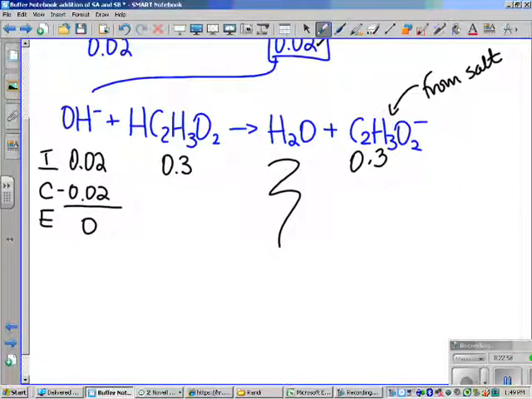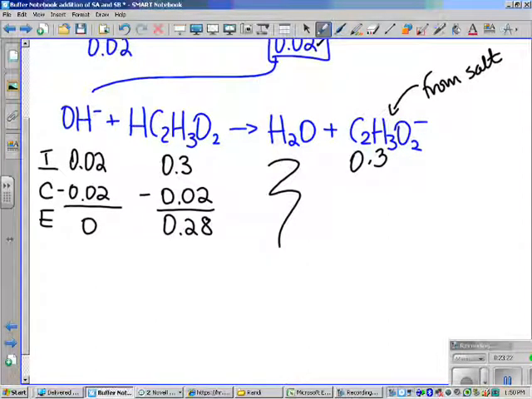And the ratio between these two reactants is 1:1. So if I use up all of this 0.02 of this, then I'm going to react away 0.02 of this one. So this one will also go down by 0.02. Notice I didn't use it all. If I did, we'd be way beyond the buffering capacity of this buffer. But I used some of it, and the concentration goes down to 0.28.